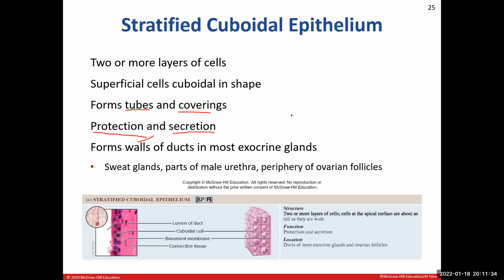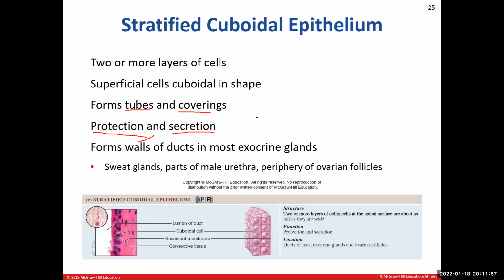So exocrine glands are glands that have a duct, D-U-C-T. So there's 2 parts to a gland. There's what we call the secretory portion, and that's the part that makes whatever that gland is going to secrete. And then you have the duct, which is going to be the part of the gland that is going to move the secretions to the surface of the epithelium.